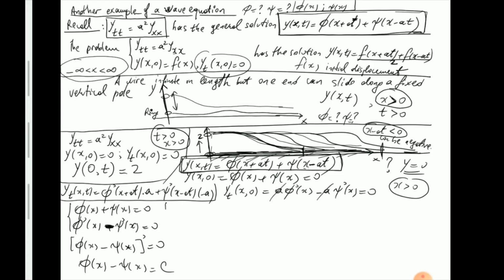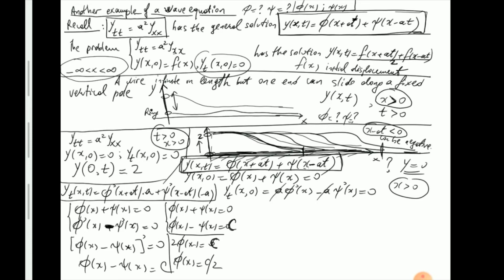And we could do this just like in the previous lecture by combining these two equations and just solving for phi and psi. So if I add the two together, I have 2 phi of x equals, excuse me, a constant c. So phi of x is equal to c over 2.